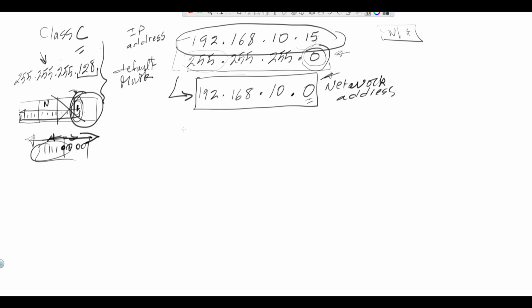Even though we have the possibility, if we want to, of 2 to the 24 possible networks, this particular one is a network. So we're not looking at possibilities of networks. This is an actual network. This particular network is one out of the possible 2 to the 24 possible networks that you could get in a Class C. But this one is a particular example.